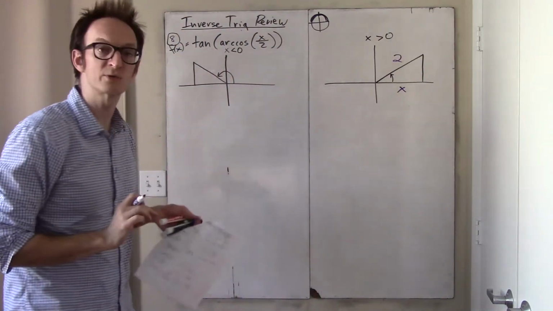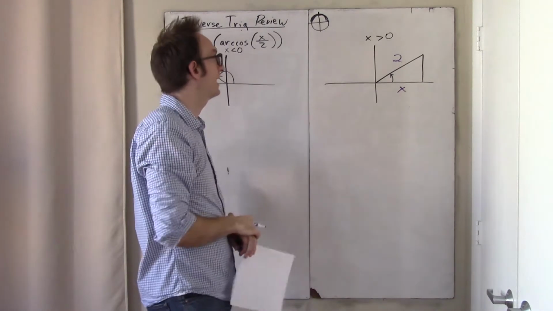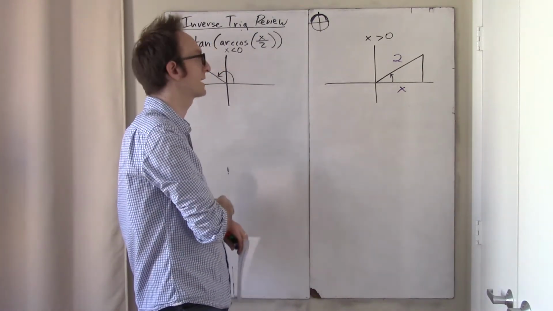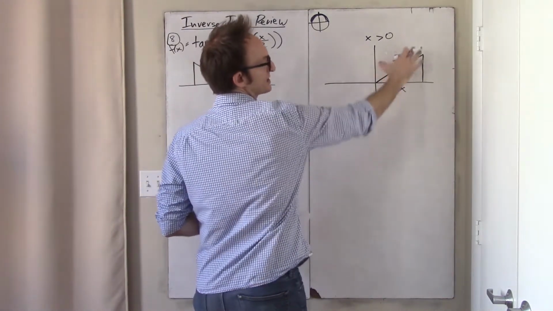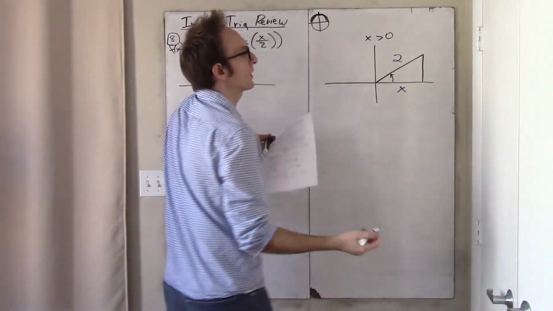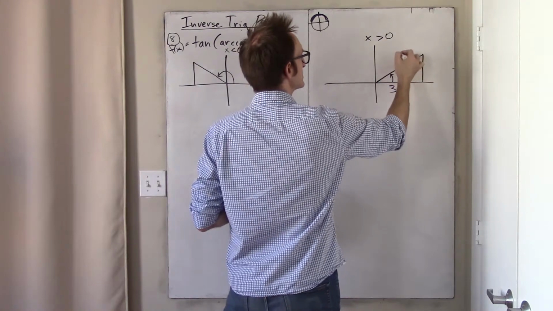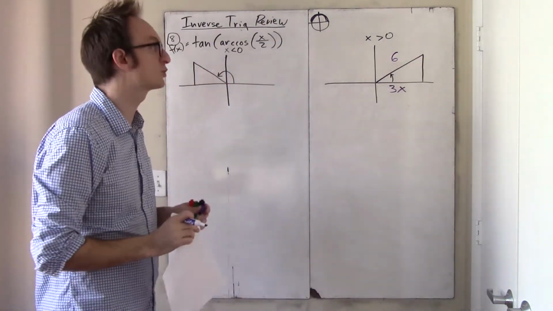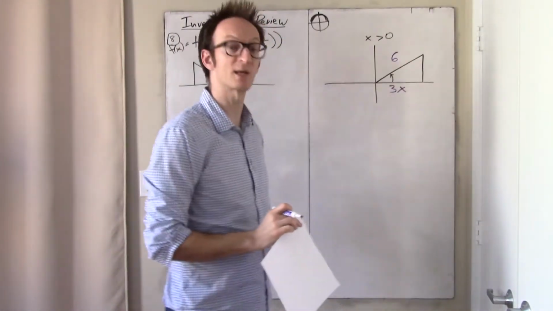Now, based on triangle similarity, this is not the only way to label this triangle. This is the simplest way to label this triangle, because it's just adjacent over hypotenuse and we're done. But if you wanted to be weird and call this 3x and call this 6, that would not be wrong, because it's still true that the ratio between the adjacent side and the hypotenuse is x over 2.